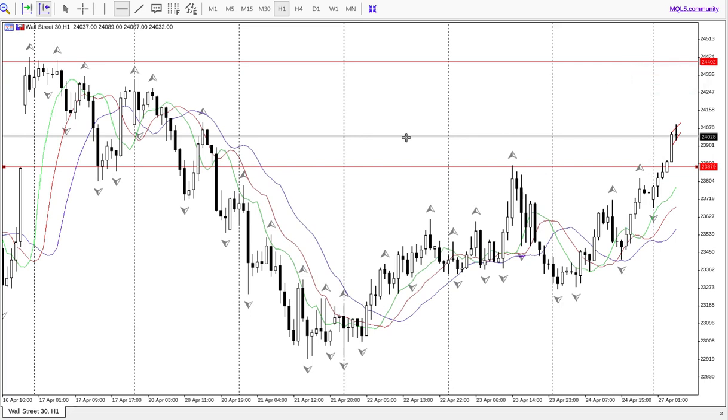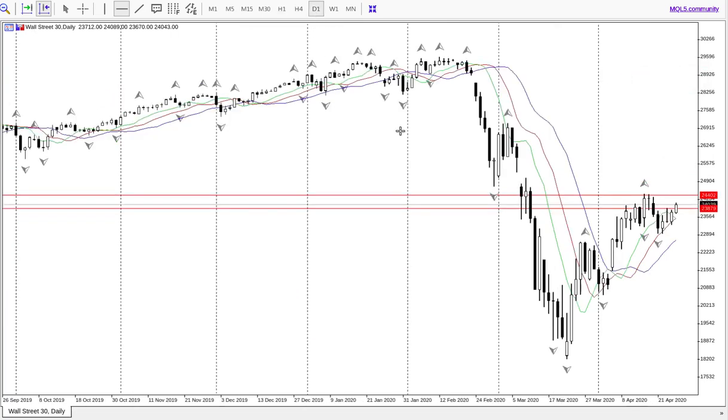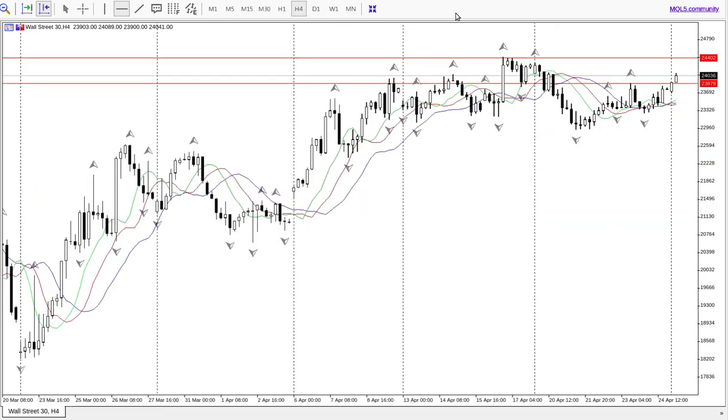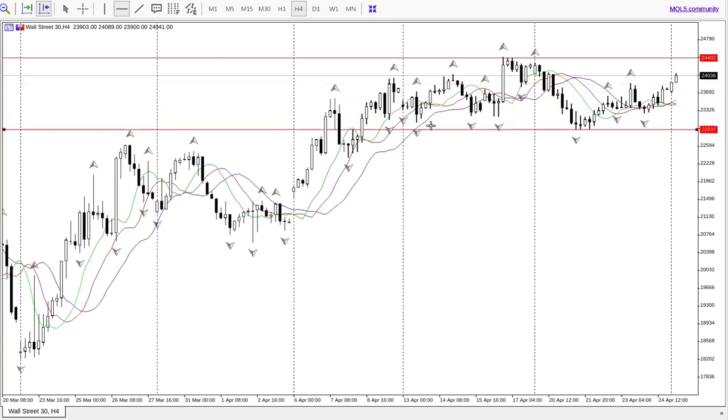Okay, I'm kind of neutral at the moment on this market, so just get back to the 4 hour. Yeah, we are ultimately in a bigger range here. Okay, so we're in quite a big range. We've got a potential for a left shoulder, head, right shoulder at the moment. Until we break through the top of the range, that's still a head and shoulders, and it's also a range.